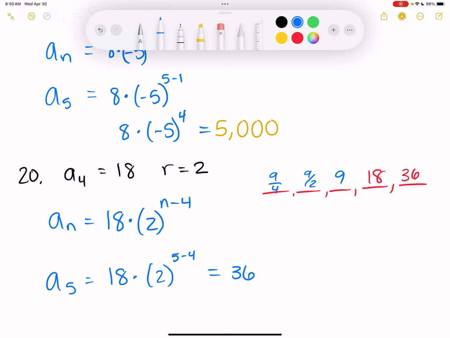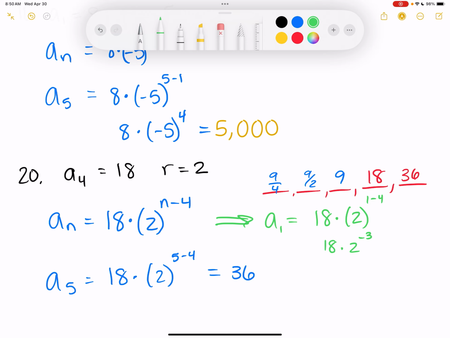The other thing is, I can still use this formula, and I can find it doing a sub 1 is equal to 18 times 2 raised to the 1 minus 4. The only thing that's different here now is that I end up with a negative exponent, which is 18 times 2 to the negative 3. Well, 2 to the negative 3 is what? Not negative 8.